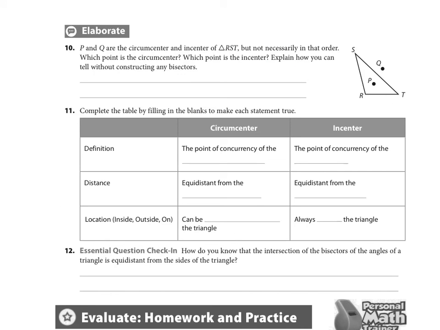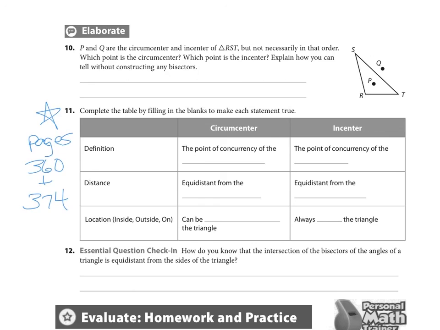Finally, you guys, at the top of page 375, in our elaborate number 11 here, is another table we want to fill in as part of your turns for today. I'll just give you a hint that if you're struggling a little bit, to look back at pages 360 and the previous page, 374, to talk about the circumcenter and the in-center theorems and to kind of fill in the blanks.